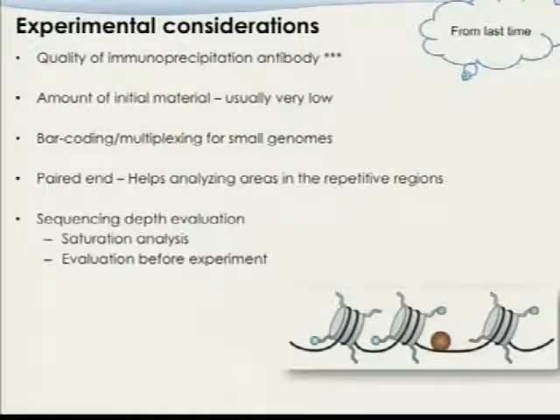And we also talk about the sequencing depth evaluation. There are two major approaches. The first one is the saturation analysis. That will be after the preliminary experiment, so you can evaluate how much more sequencing resources do I need to get more information figured out.